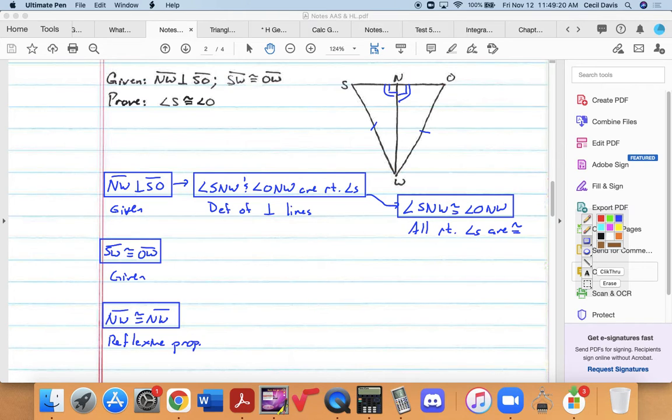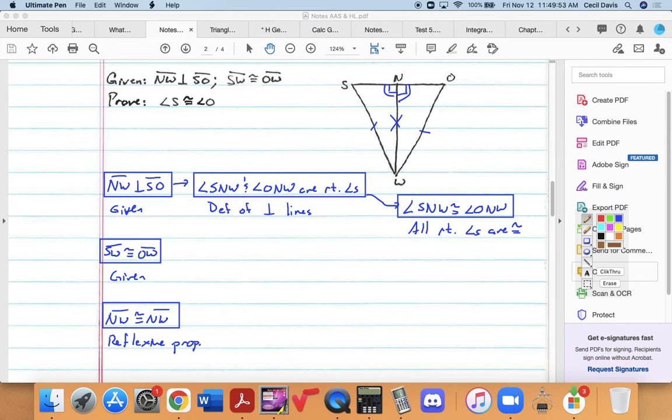All right, and here's where some students will frequently make a mistake, because they want to prove the triangles congruent. How many pairs of congruent sides do we have? 2. How many pairs of congruent angles? 1. Is it side angle side? No. And side side angle can't be used to prove triangles congruent.